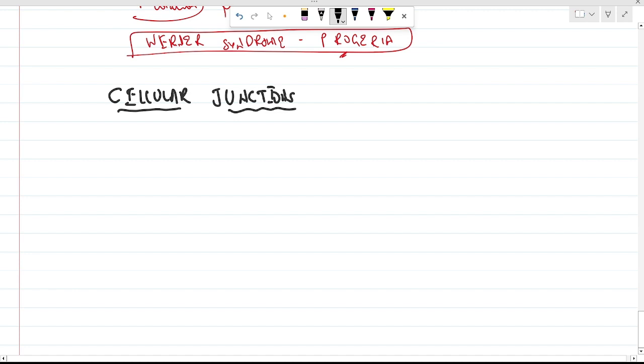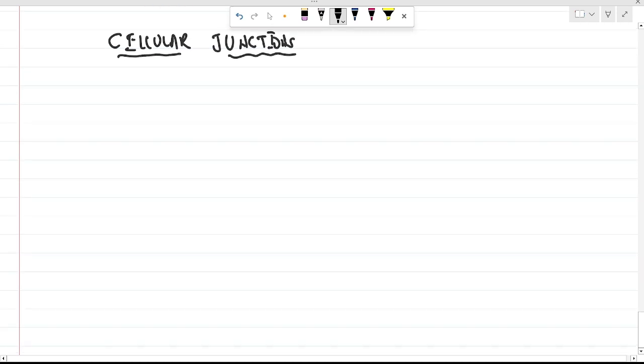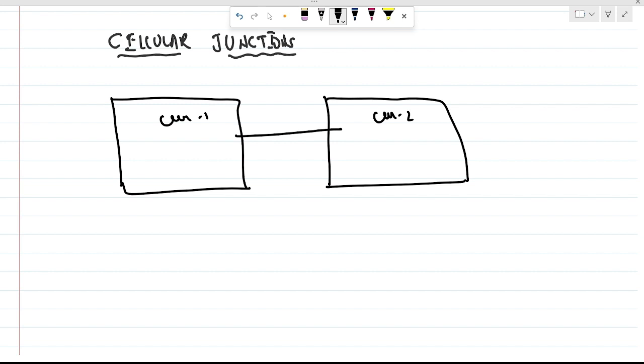First, we are going to see a simple diagram for understanding. This is a cell, and this is another cell. Between cell 1 and cell 2, there is a junction called a cell junction.